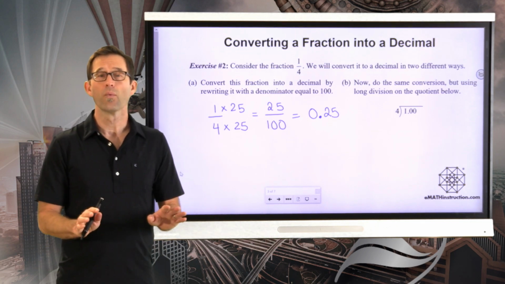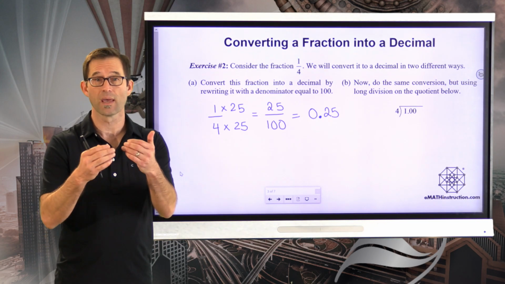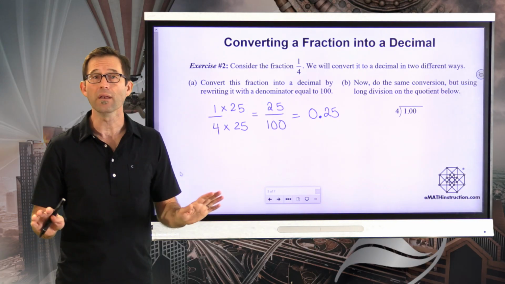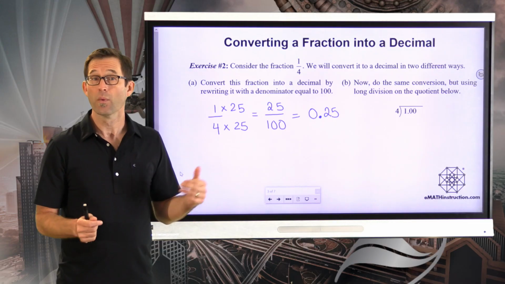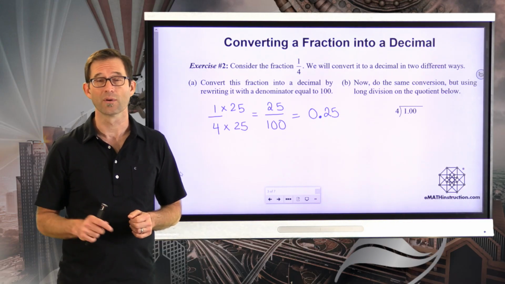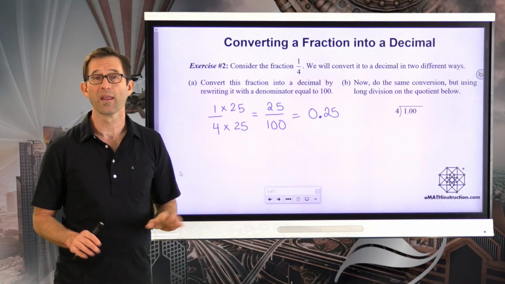All right, keep in mind, we can always create two equivalent fractions, meaning fractions that are the same amount, by multiplying the top and the bottom of the fraction by any number that we want, except for 0. We can also do it by dividing the top and bottom by any number we want, except for 0. No adding or subtracting, but multiply or divide the top and the bottom by anything you want, and you get a fraction that's equivalent.